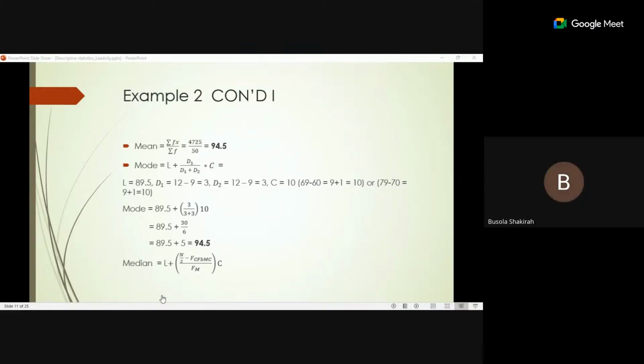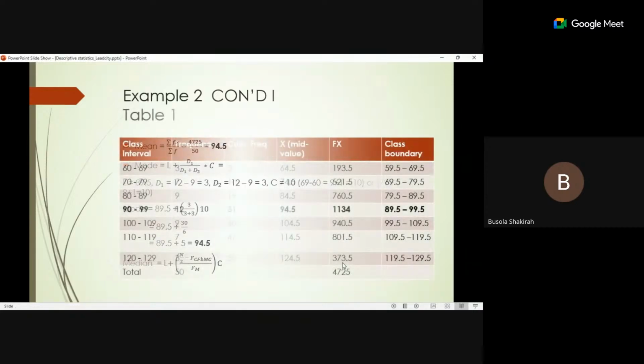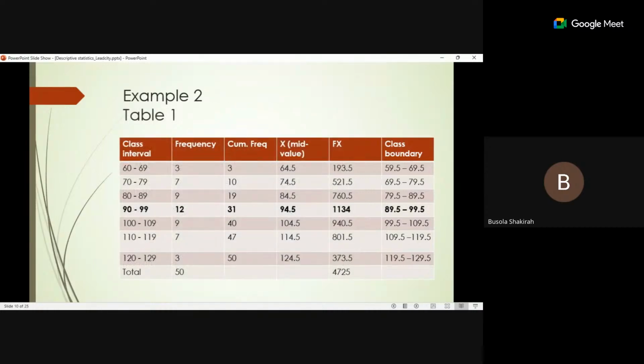Yes, sir. Sir, can you please go back to the frequency table? From the frequency table, we have our mode, the highest frequency, to be 12. And you said our D1 and D2 are the numbers before the modal class and the one after the modal class.